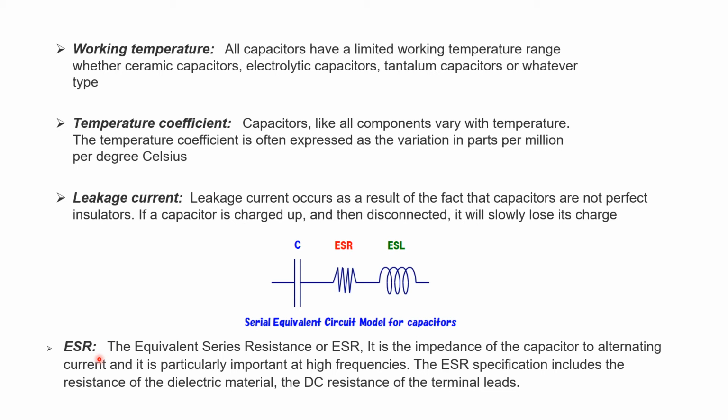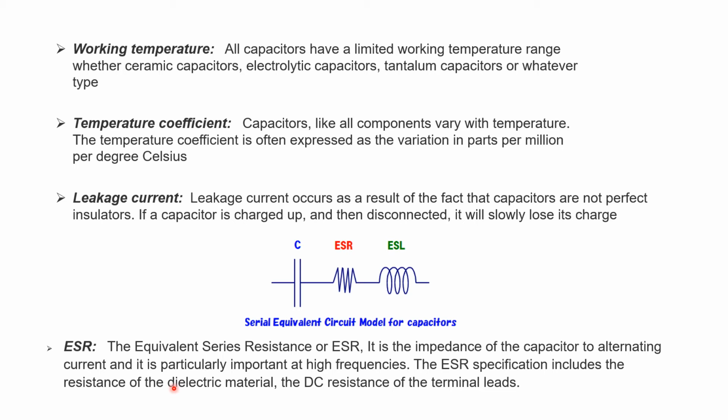Next is ESR. None of the things is perfect. If you're talking about capacitors, it not only carries capacitance, it also has equivalent series resistance as well as equivalent series inductance. Equivalent series resistance is nothing but the impedance of a capacitor to alternating current, and is particularly important at high frequency, or if you are using it in ripple applications.